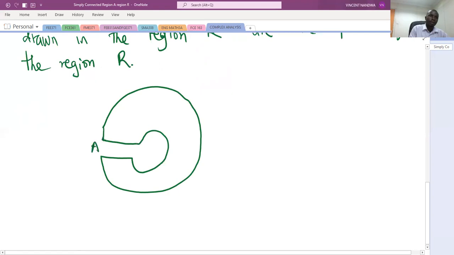Let's call this one A, this B. So this is the direction. So this curve C2, this curve C1.